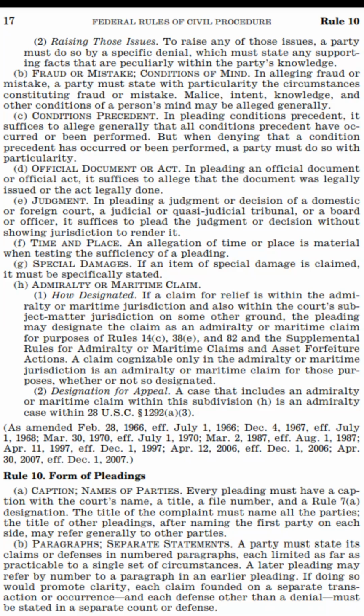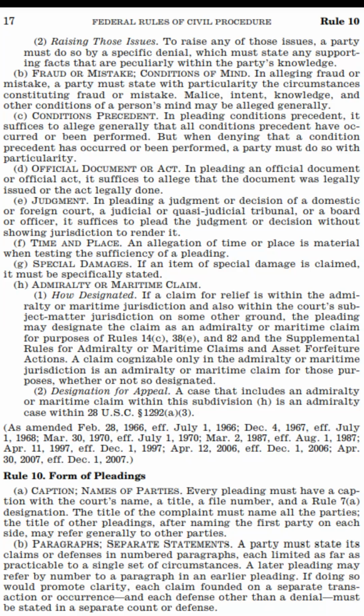A claim cognizable only in the admiralty or maritime jurisdiction is an admiralty or maritime claim for those purposes, whether or not so designated. 2. Designation for appeal. A case that includes an admiralty or maritime claim within this subdivision (h) is an admiralty case within 28 U.S.C. Section 1292(a)(3).